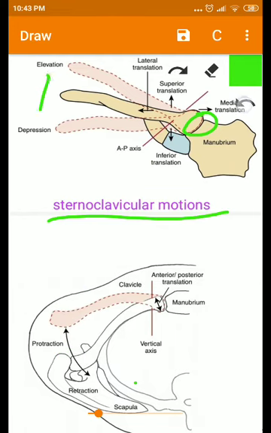These are the motions that occur at the sternoclavicular joint.